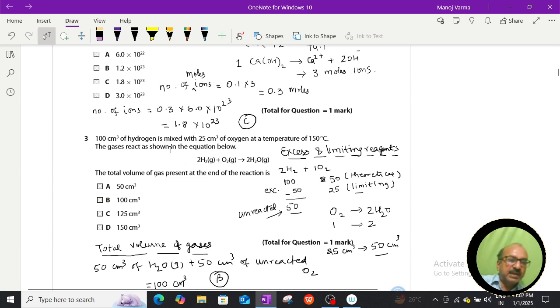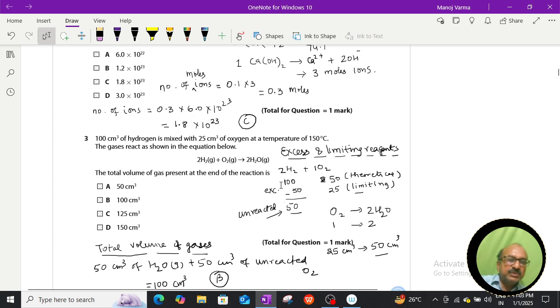So 100 would require 50 centimeter cube of oxygen, but we have got only 25 centimeter cube. That means oxygen is the limiting reagent and therefore hydrogen is in excess. So 25 centimeter cube of oxygen can react only with 50 centimeter cube of hydrogen, in the ratio 1:2. Therefore 50 centimeter cube of the hydrogen is in excess.